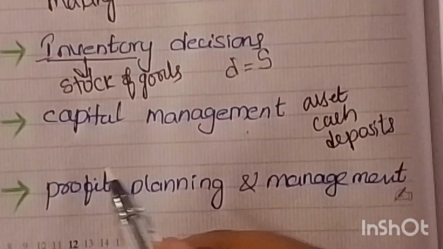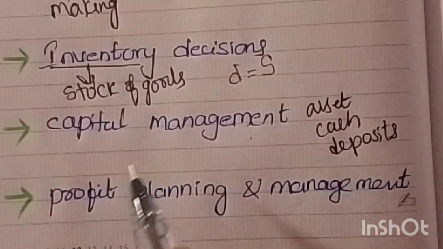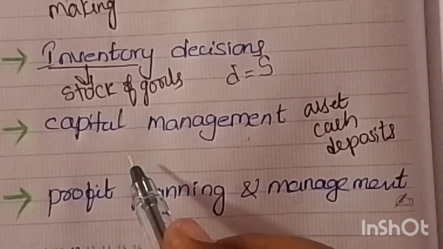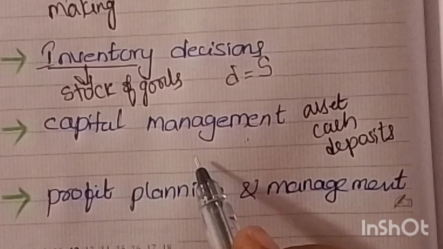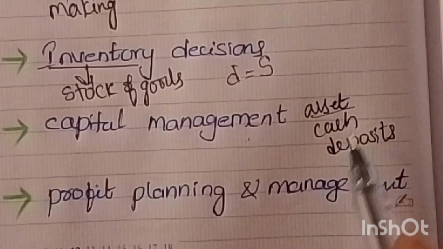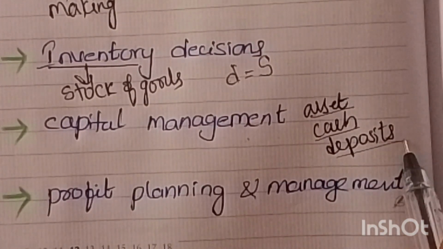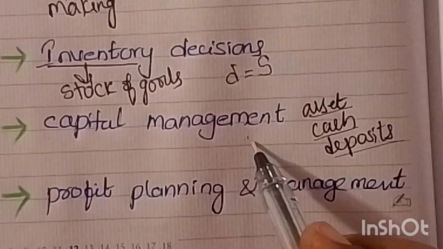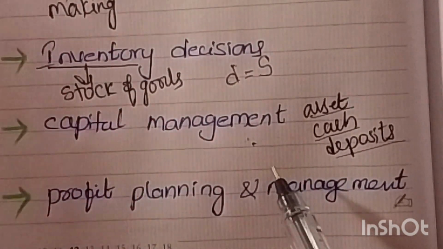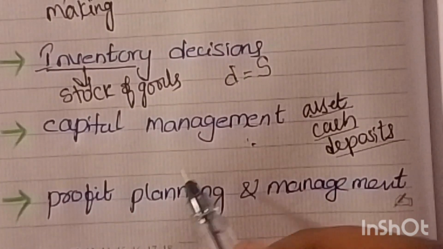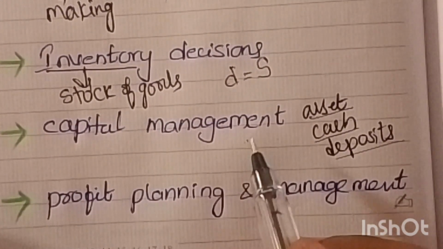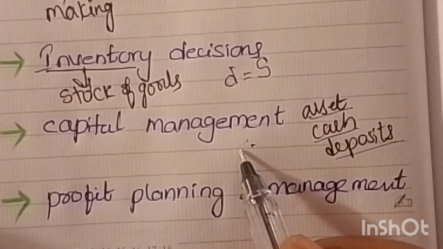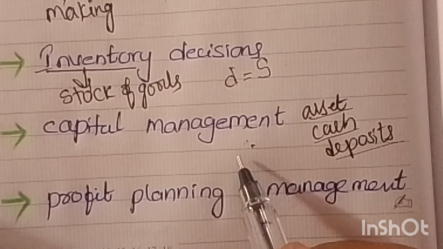The next one is capital management. What is capital? Capital is anything that gives a benefit to the owner, that is maybe assets, cash, deposits, or skilled workers. So these are the capitals. Capital management is necessary for proper planning, utilization, and allocation of the financial resources.